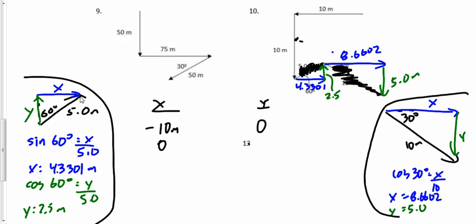Good. Now the third vector, it was 5 meters. Rochelle, what's the x component of that one? Yep. And the y component of it is? Nope. That 5 meters went right and up, right?